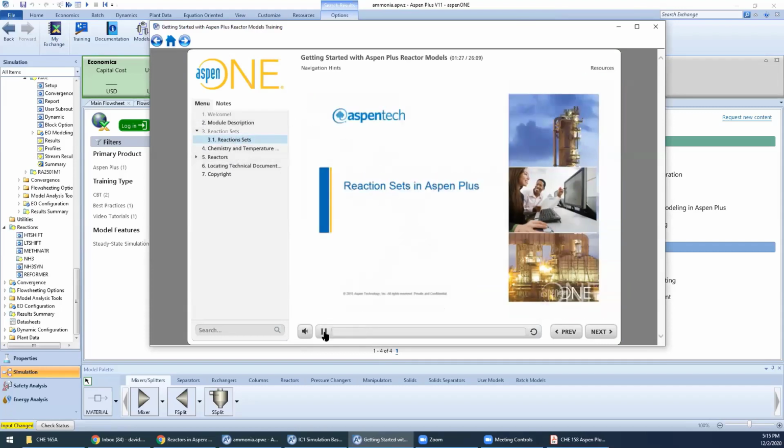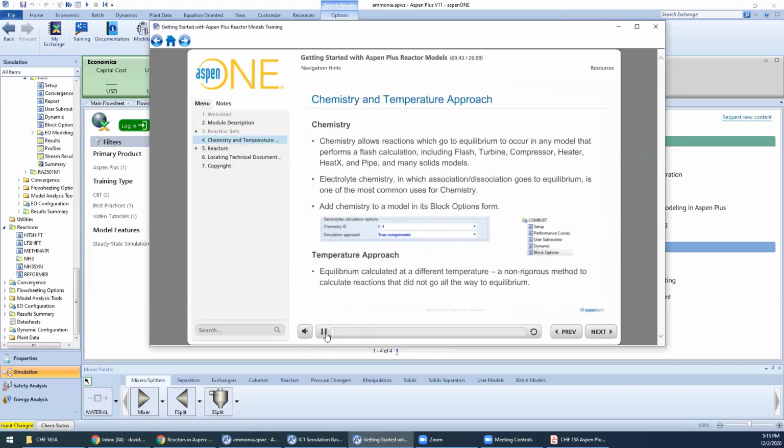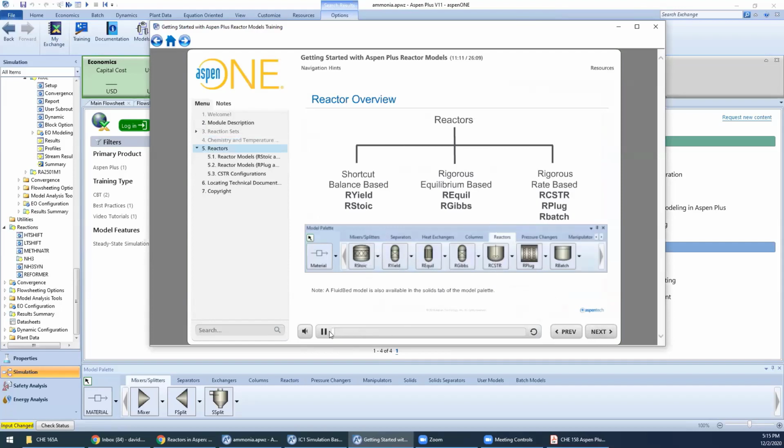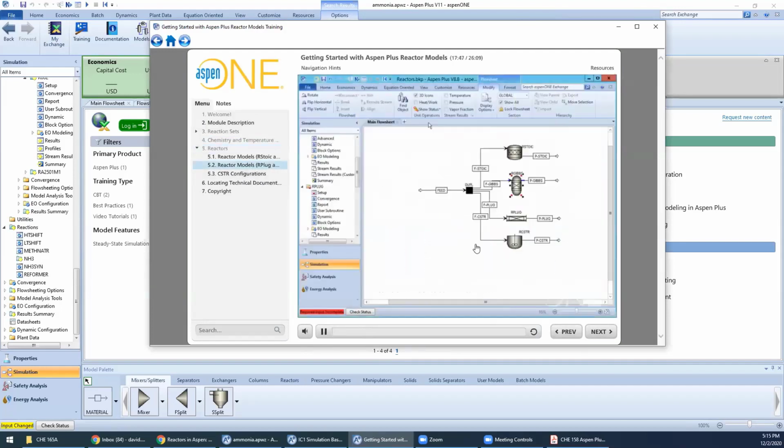Here's what I was talking about with the equilibrium-based, shortcut or balance-based, and then the rigorous or rate-based different models, and how you can start to model those as well.